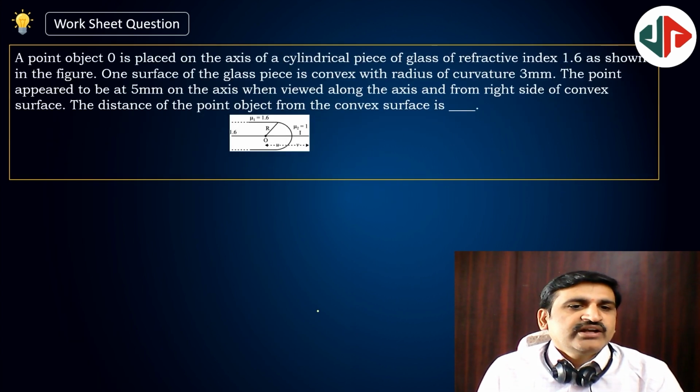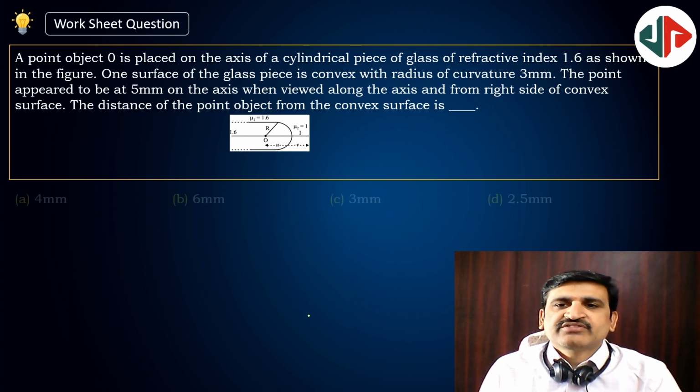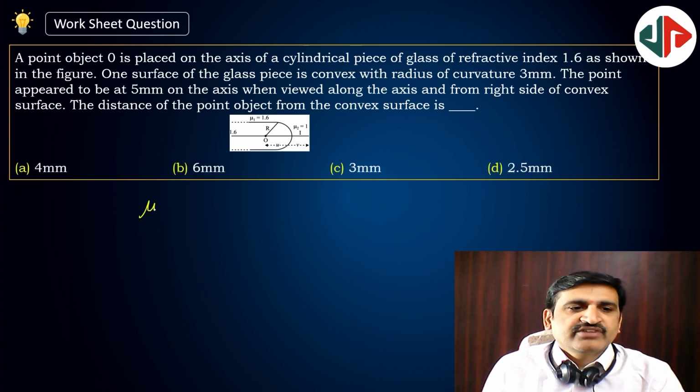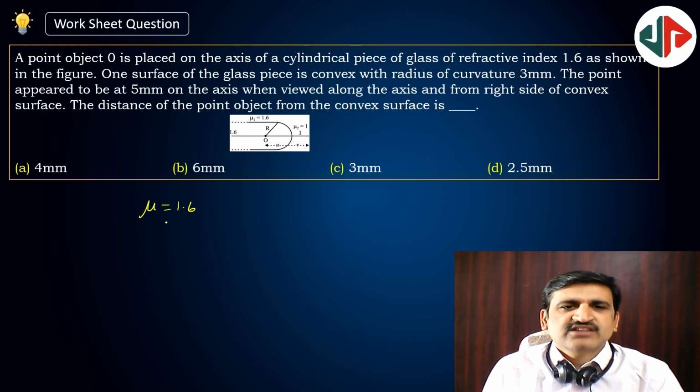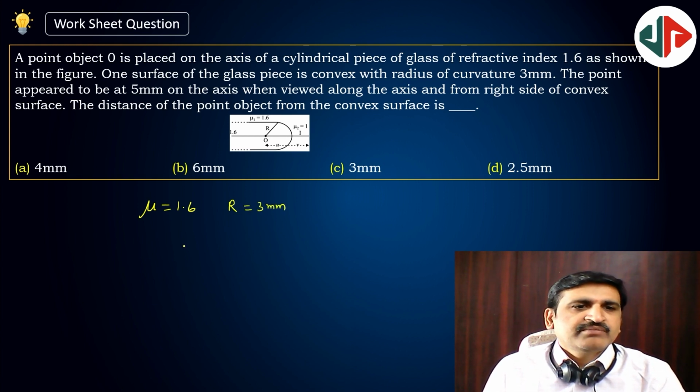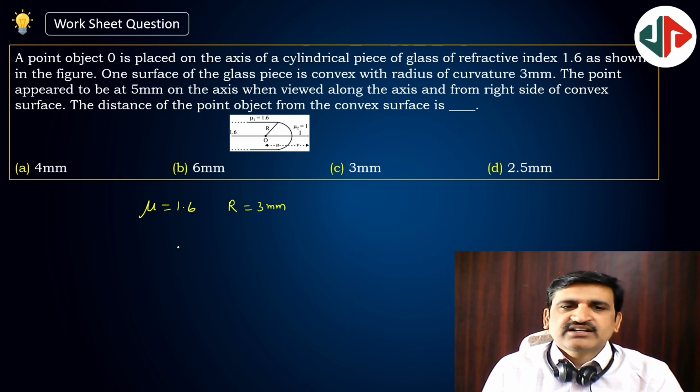Next, point object O is placed on the axis of a cylindrical piece of glass of refractive index 1.6, as shown in the figure. One surface of the glass piece is convex with radius of curvature r equal to 3 mm. The point appears to be at 5 mm on the axis, viewed along the axis and from the right side of the convex side.